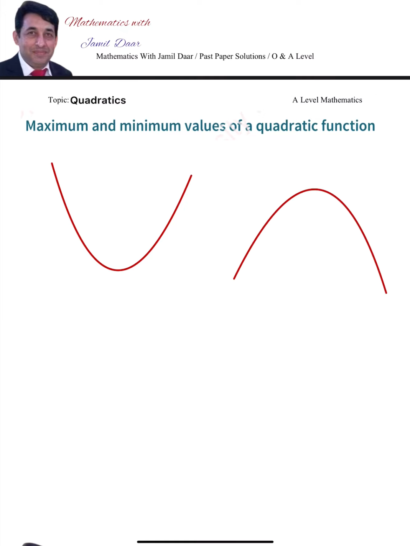If it is U type, it has a line of symmetry, which divides the curve into two equal parts such that both halves exactly fit on each other. This line of symmetry passes through the turning point, and in this case the turning point is called the minimum point.